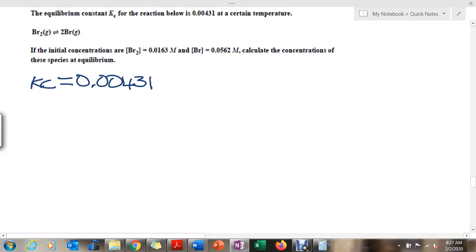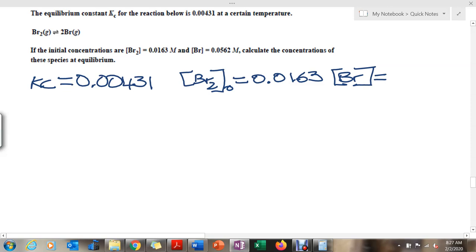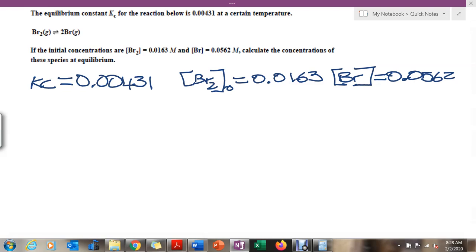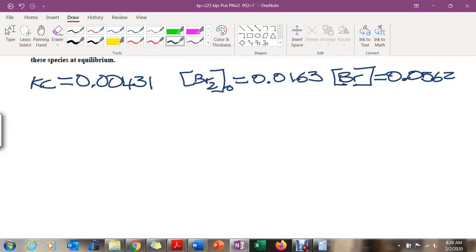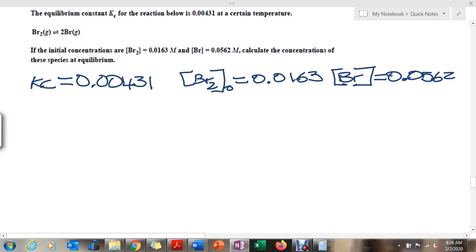The initial concentration of Br2. And by the way, I'm missing here the molarity, sorry, on both of them, the units.